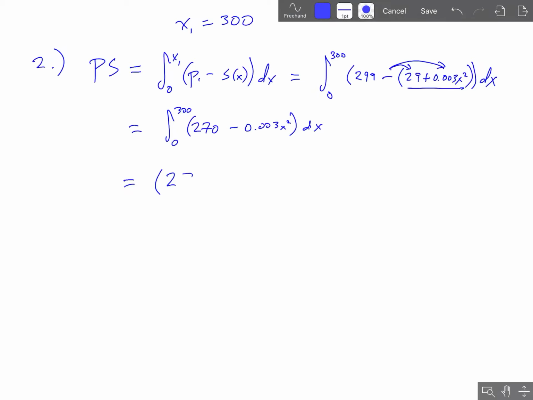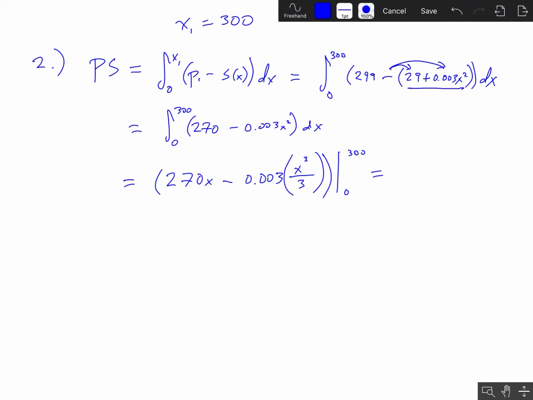So we can compute this antiderivative. The antiderivative of 270 is just 270 times x. Now when we take the antiderivative of the second term, we'll still have this constant out front, and then we would promote the power on x to a 3, and then divide by 3. So we'll end up getting that. And this whole thing should be evaluated from 0 to 300.